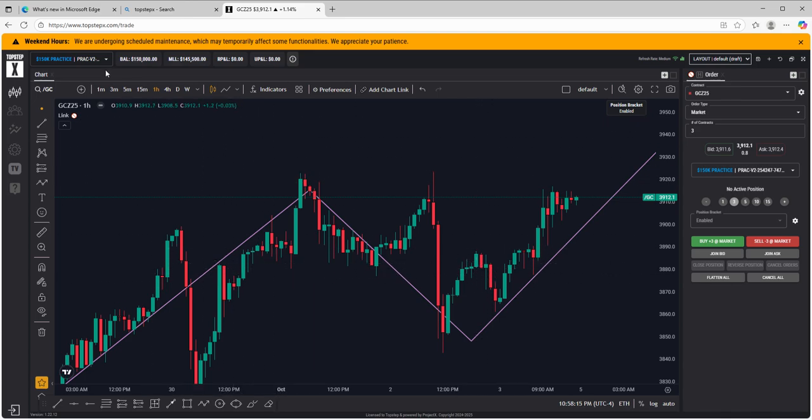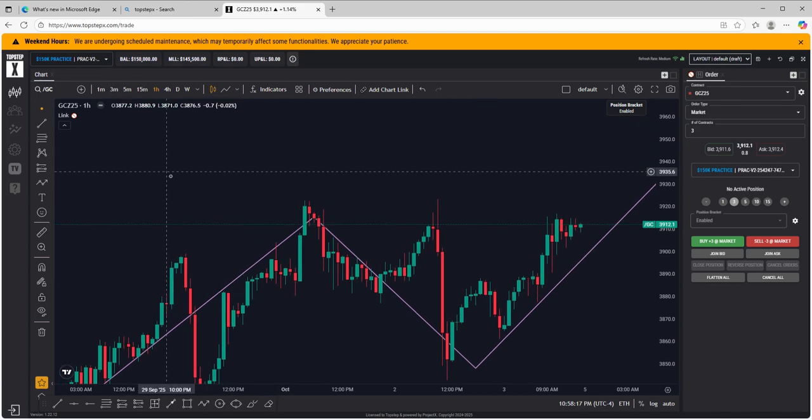So we're going to enter the market on the smaller time frames, but we want our higher time frames to align with what our lower time frames are showing. Now it may be a little bit confusing, but we're going to look into why that matters.